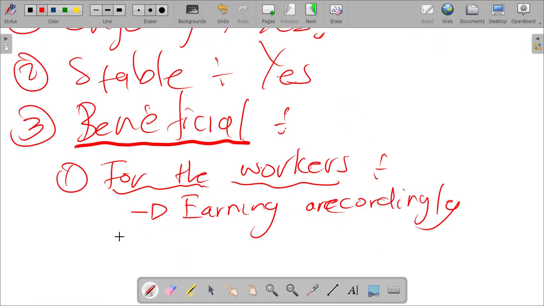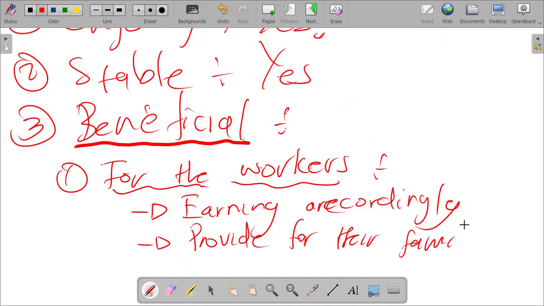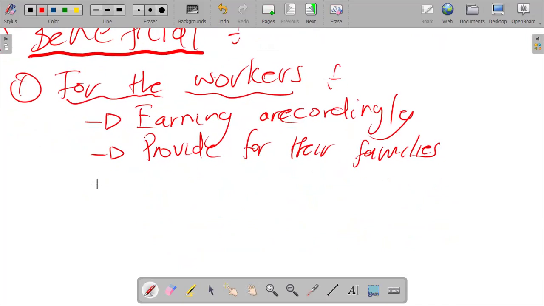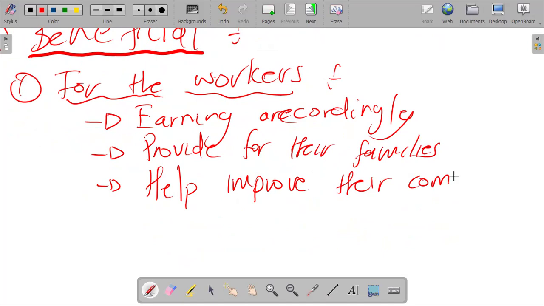And with that, they will be able to provide for their families, and also help improve their communities by either form of investment or buying within the community, right?